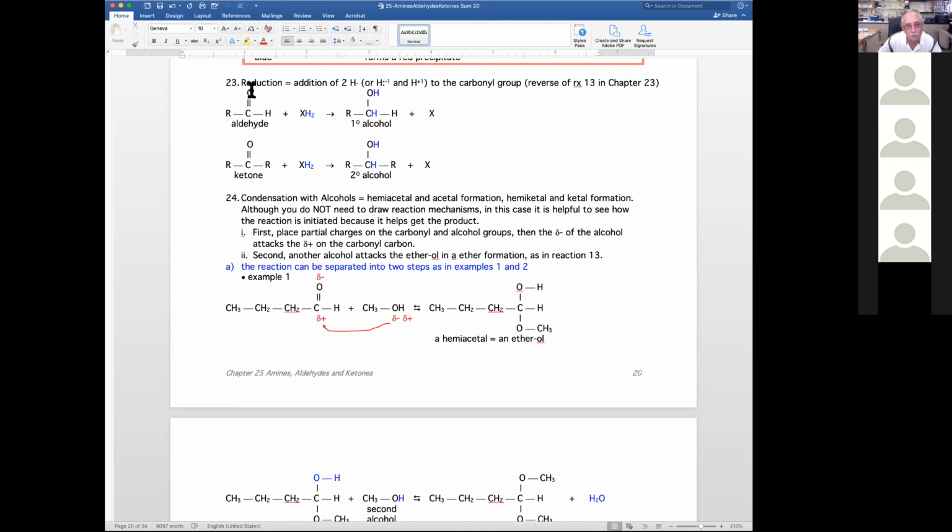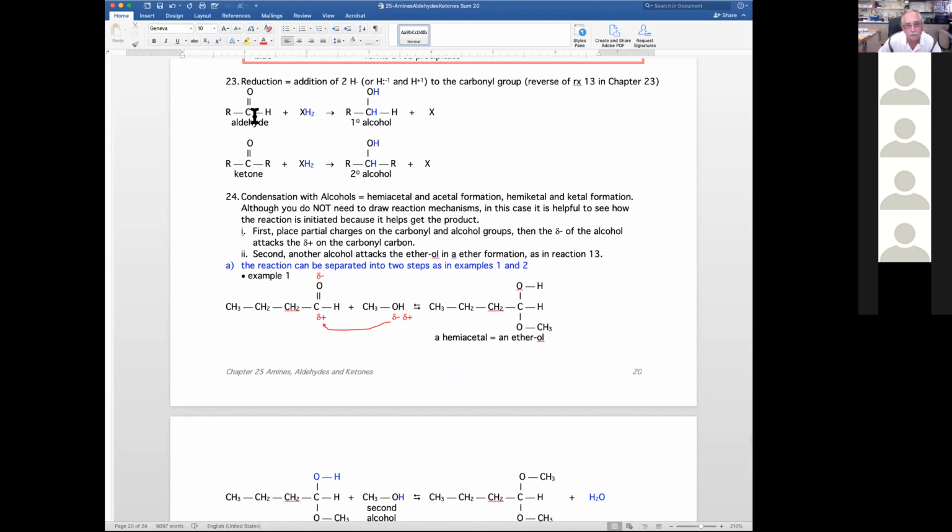So one hydrogen goes there, another one goes there. Essentially, you're saturating that double bond with hydrogen atoms. So if you do this to an aldehyde, you end up with a primary alcohol. If you do it to a ketone, you end up with a secondary alcohol.